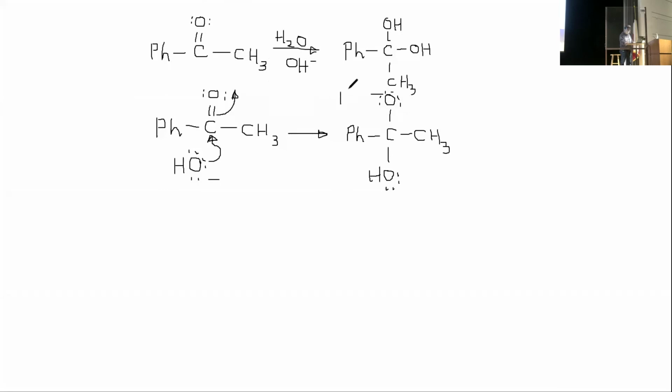And I could have drawn this on the other side of the molecule also. But to show water protonating that oxygen, we'll just have our lone pair on that oxygen, any one of those three lone pairs, it doesn't matter which, they're all the same. And that's going to pick the proton off of our water molecule.